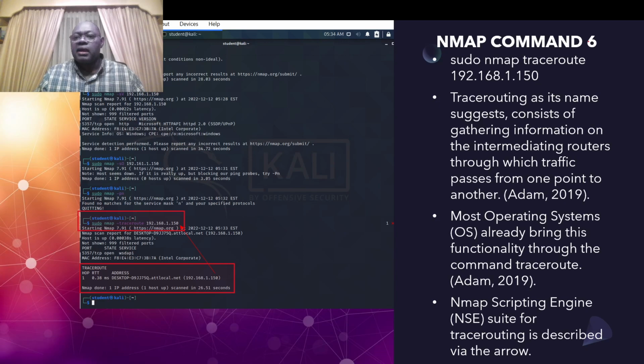Trace routing, as its name suggests, consists of gathering information on the intermediate routers through which traffic passes from one point to another. Most operating systems already bring this functionality through the traceroute command. The NSE, the Nmap scripting engine suite for trace routing, is described by way of the arrow.